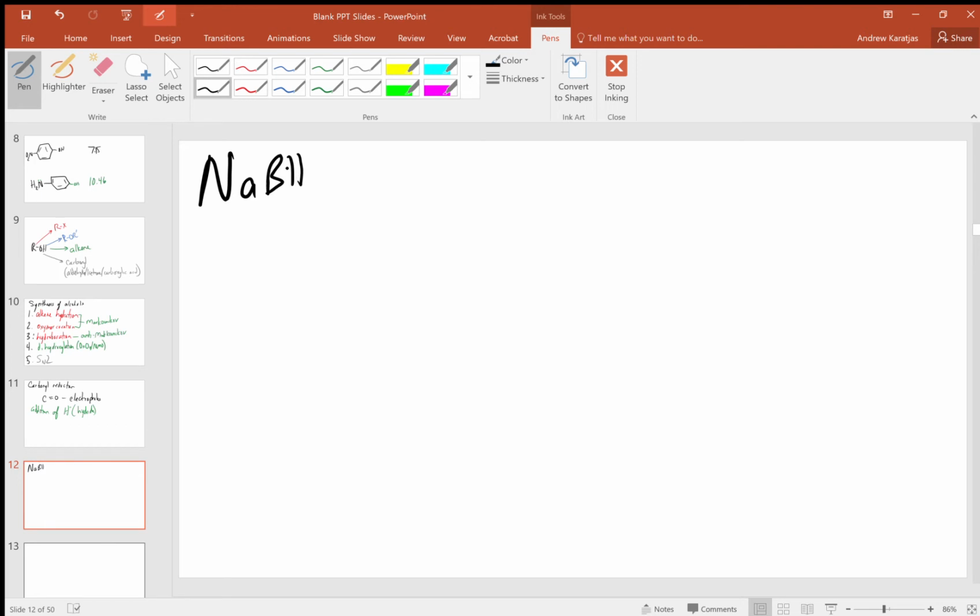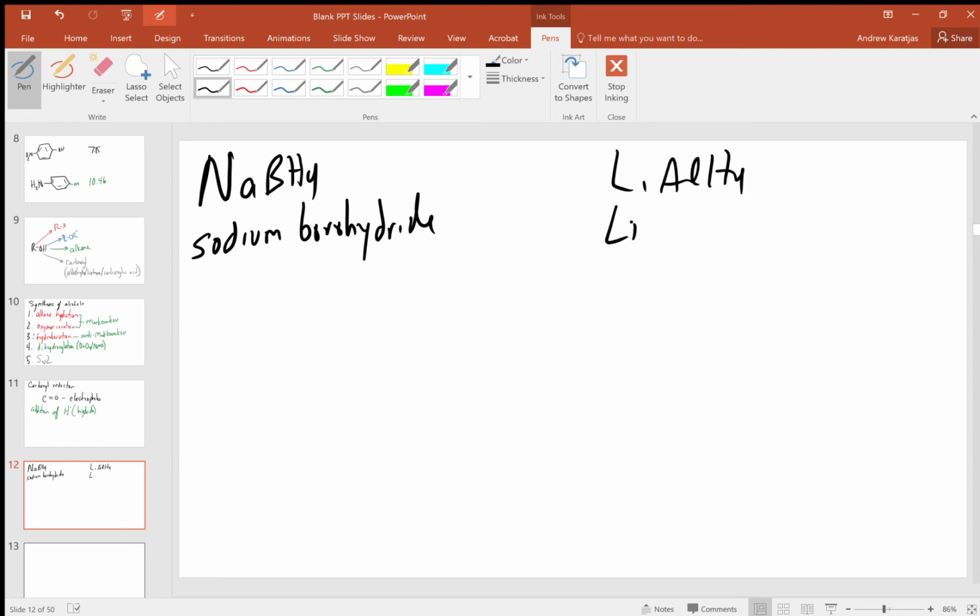NaBH4, sodium borohydride, and LiAlH4, which is lithium aluminum hydride, which we commonly abbreviate as LAH.